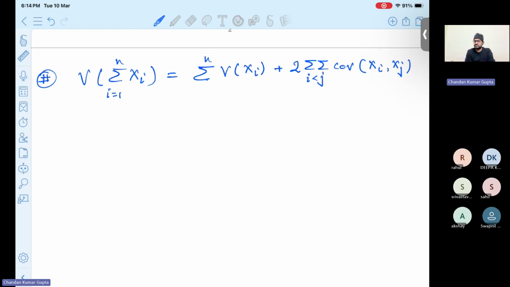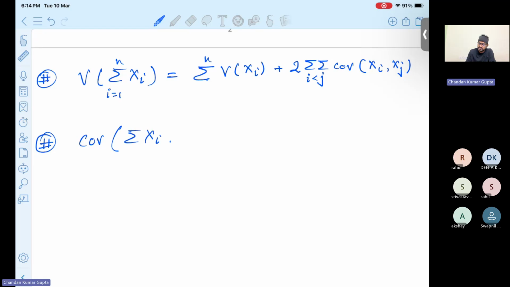That's why twice is there. If the Xi's are independent, then the covariance terms will be zero, and the variance of summation of Xi equals the summation of variances.